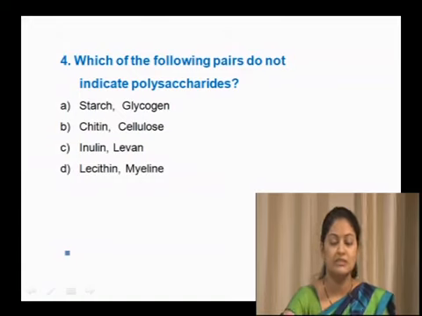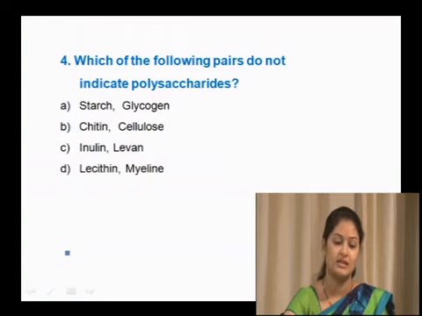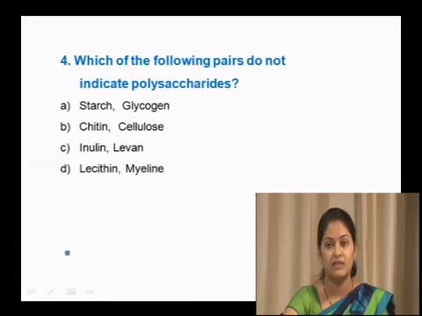So just remember, starch and glycogen are the storage polysaccharides found in plants and animals respectively. So both of them are storage polysaccharides. Option B, chitin and cellulose, these are referred to as the structural polysaccharides which build up the cell wall of a specific organism.